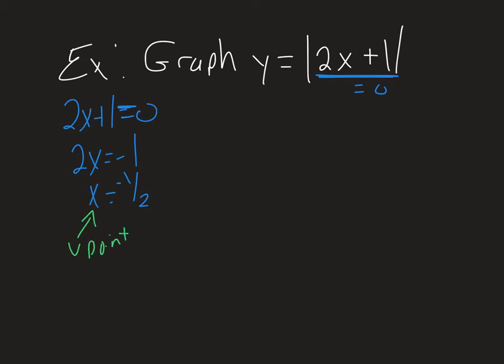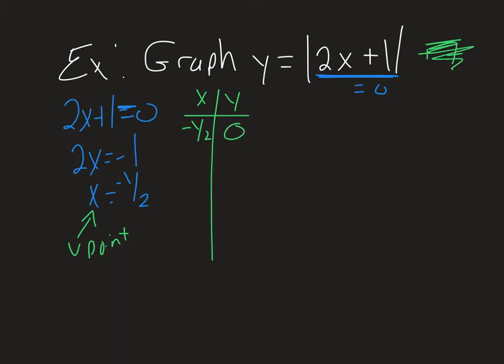So now we're going to make a t-chart. And the first thing I'm going to do is plug in negative 1 half. Since there is no plus 7 or whatever out here, the output is just going to be the absolute value of 0. That's where my V point is going to be.